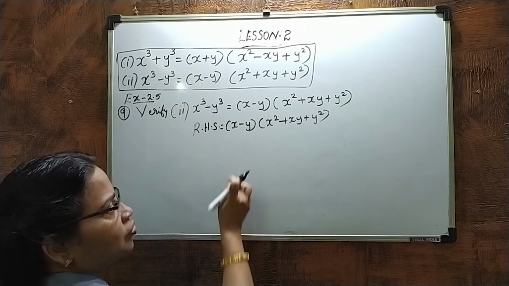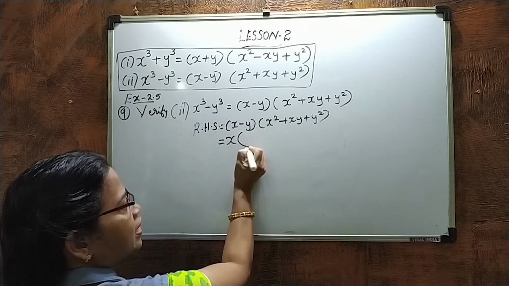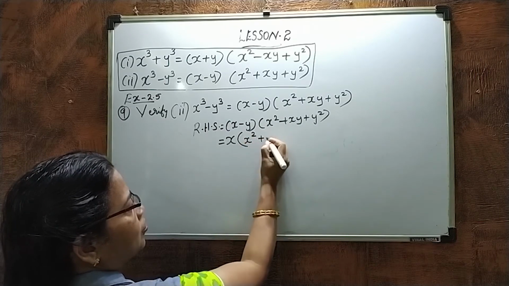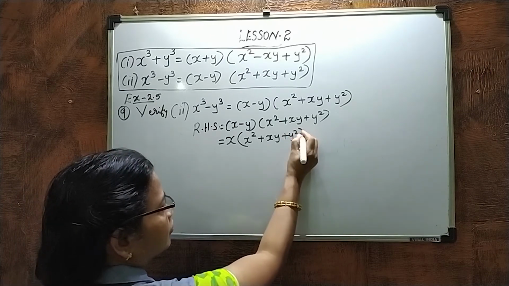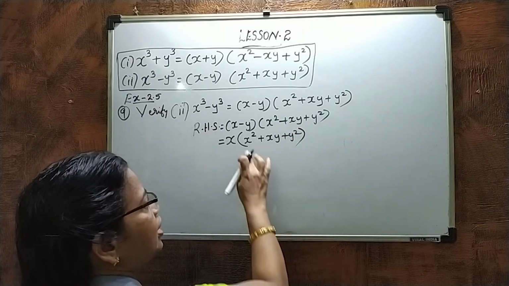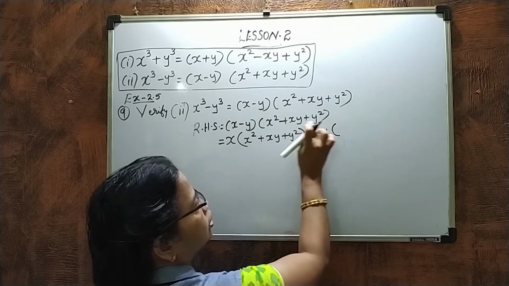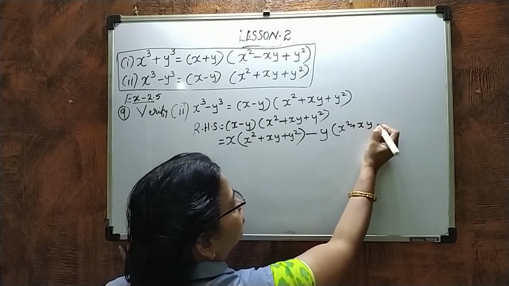Again, next step, you have to take each term and multiply with the next bracket. X into x square plus xy plus y square, close the bracket. Again, next term minus y into next bracket x square plus xy plus y square.